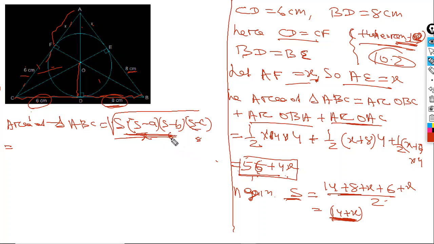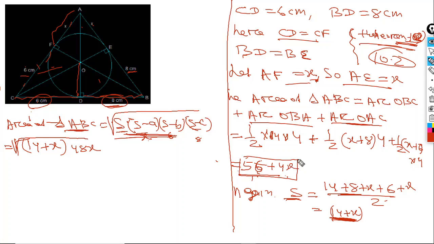So 8 into 6 is 48x, into s, which is 14 plus x, so the answer will be root over 14 plus x into 48x. So this will be the area of triangle ABC.